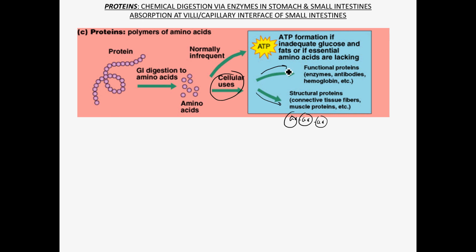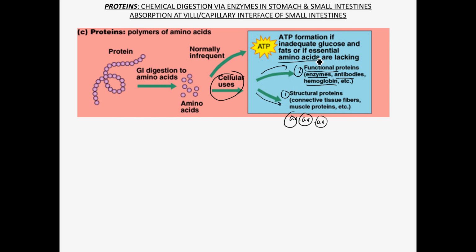You also need amino acids to make the enzymes and antibodies, and hemoglobin we talked about as well, and so these are functional proteins as well as structural proteins. So why do cells need them? Structural and functional uses.